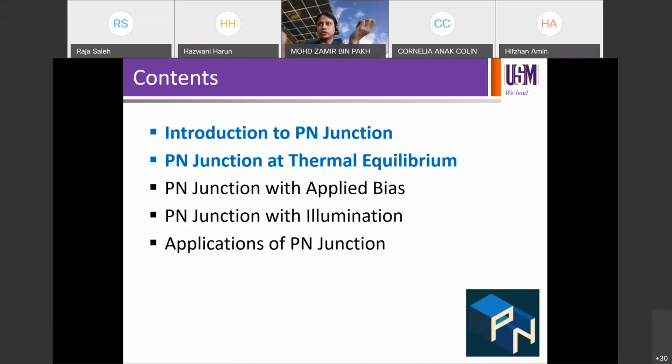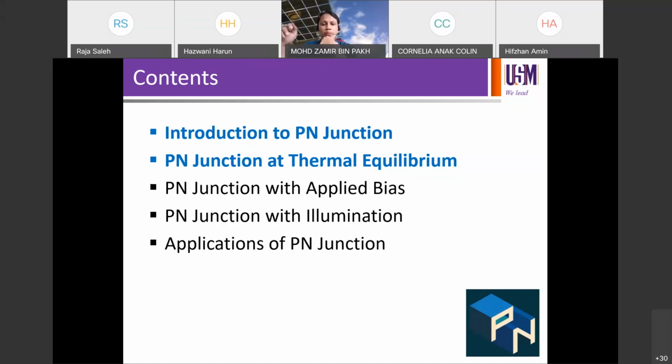So before we introduce delta p or delta n, excess carriers, into the semiconductor, you have to always understand the thermal equilibrium first. So the same goes for the PN junction. Before you understand the mechanism or the effect of external factors acting on the junction, you should be able to understand what is happening at the PN junction under thermal equilibrium condition first, right?